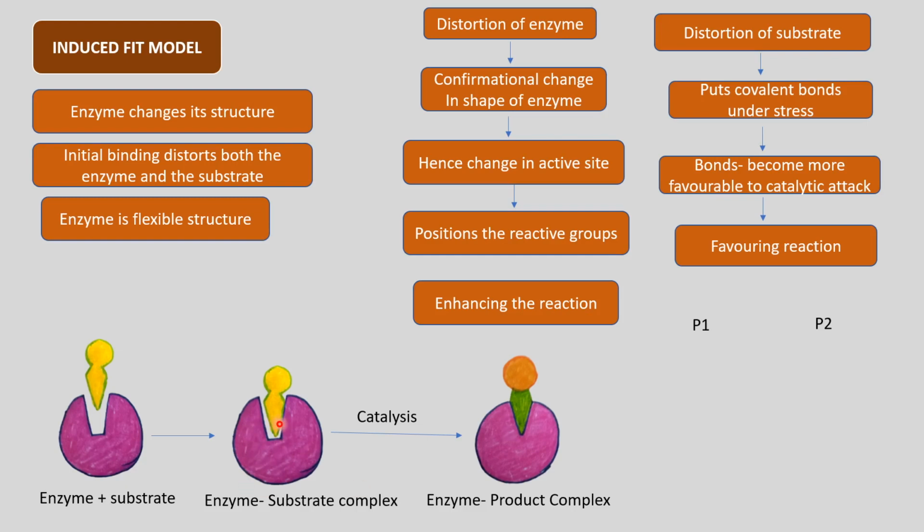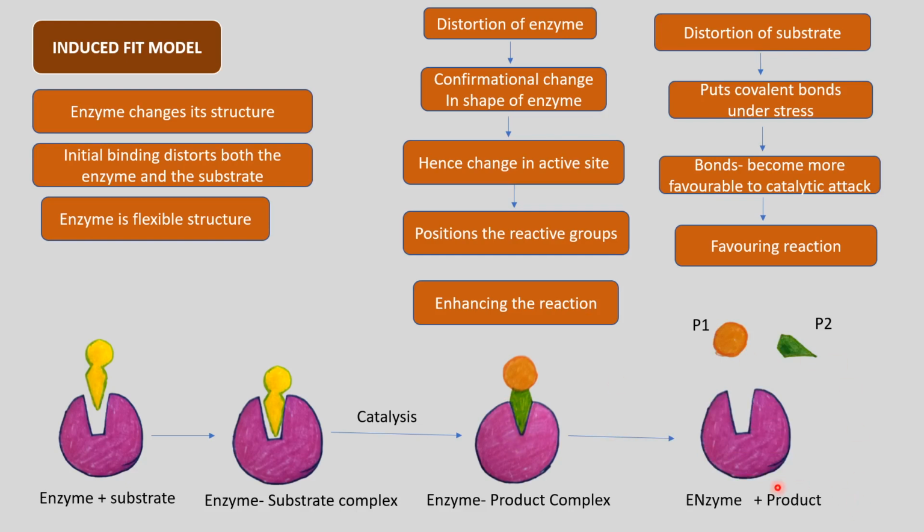So first of all, the structure was not complementary, but later on there come changes in the active site due to adjustments of amino acid sequence, and this leads to formation of enzyme product complex where the substrate binds properly with the enzyme, leading to the formation of product.